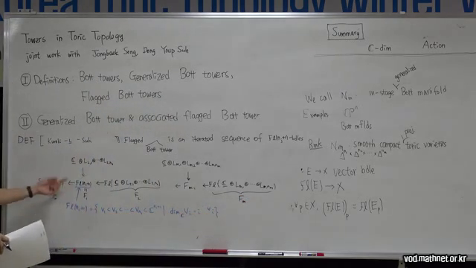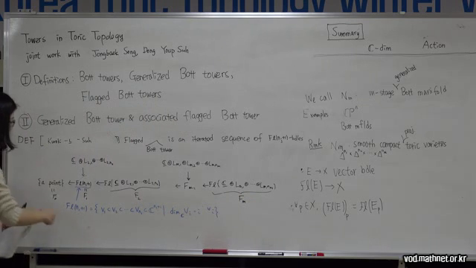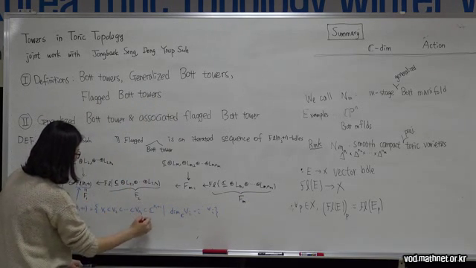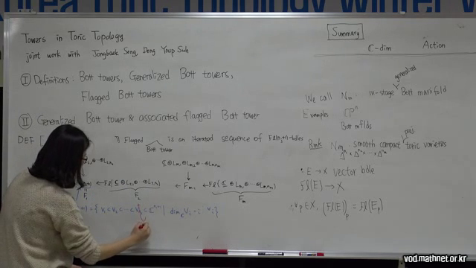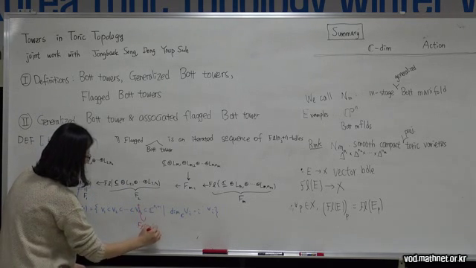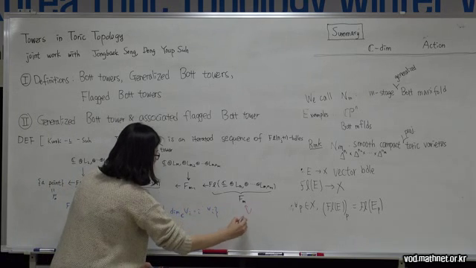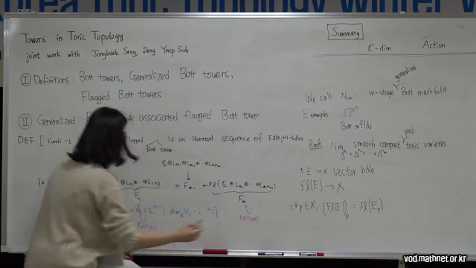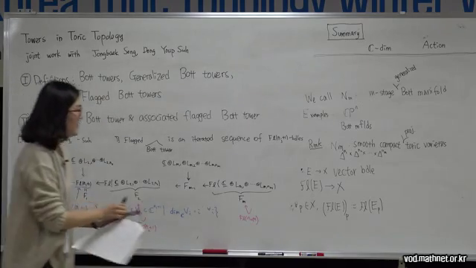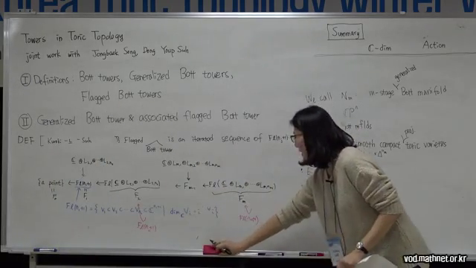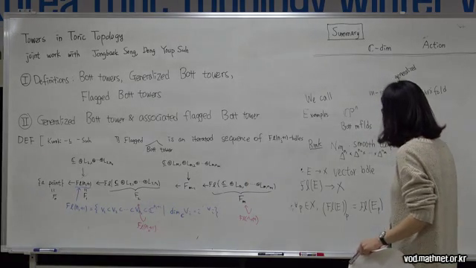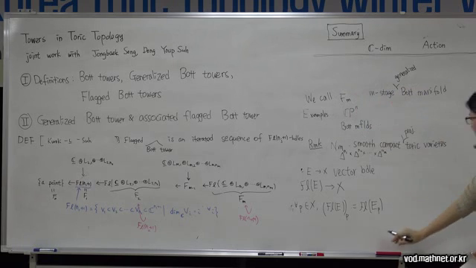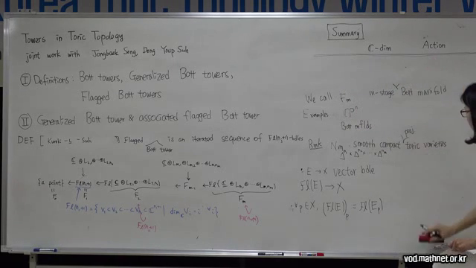As you can see, all of them have fibers that are complete flags. Here your fiber is Flag(C^{n2+1}), and here your fiber is Flag(C^{nm+1}). So we call F_m an m-stage flag Bott manifold.